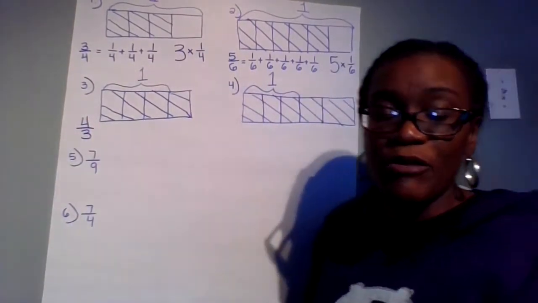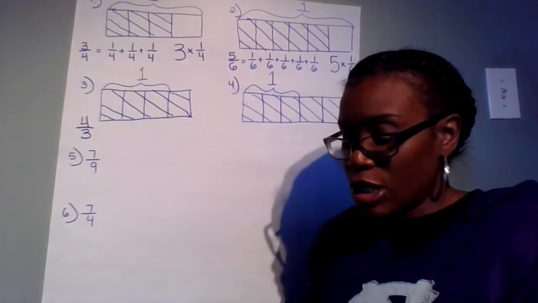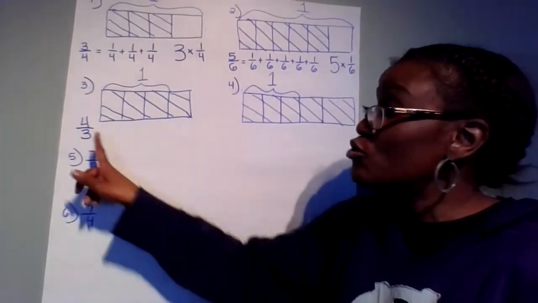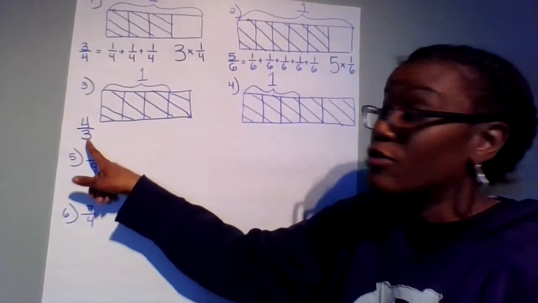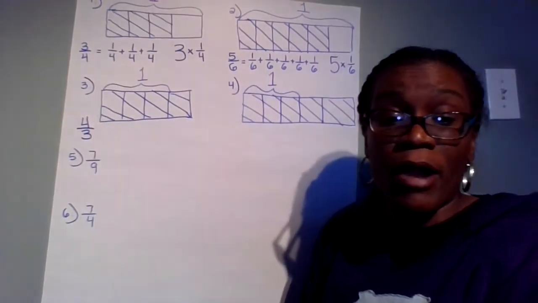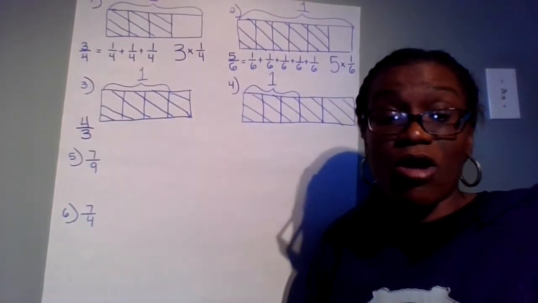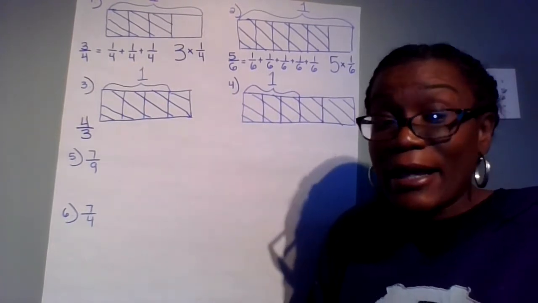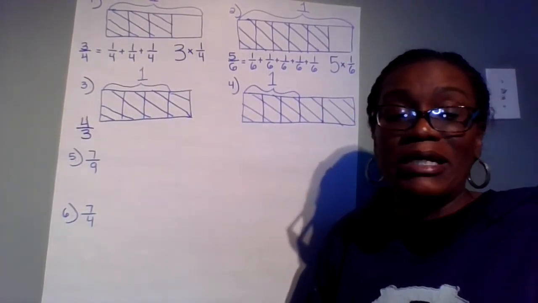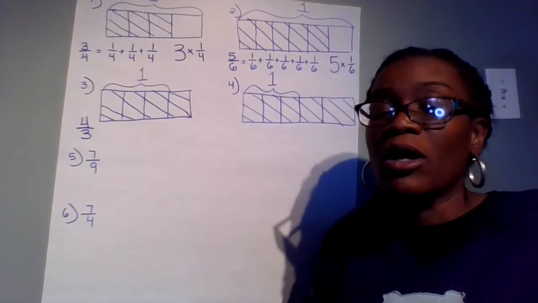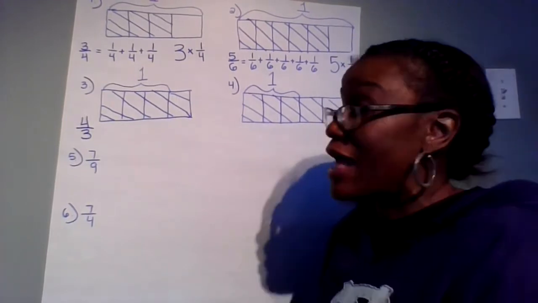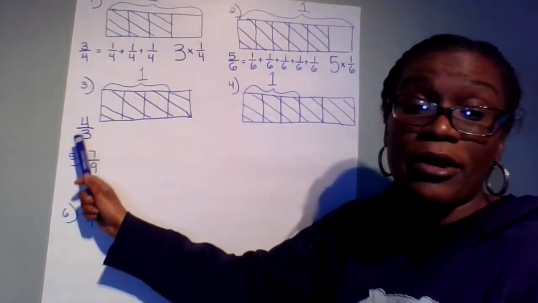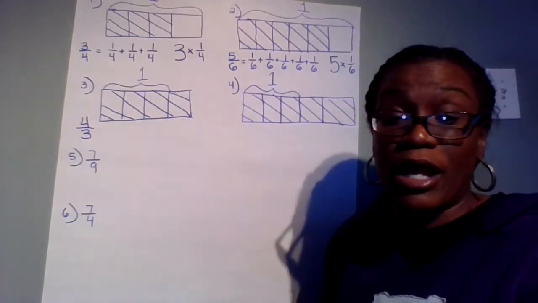So scholars, before we move on, I want to tell you that anytime you have a denominator that is smaller than your numerator, that fraction is called an improper fraction. That's because your numerator is larger than your denominator.